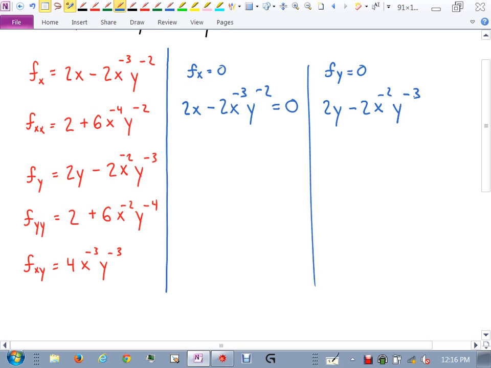Set that equal to 0. Any ideas? Solve for x, solve for what? We know x is 1, what? Is y 1? How do we know y is 1?